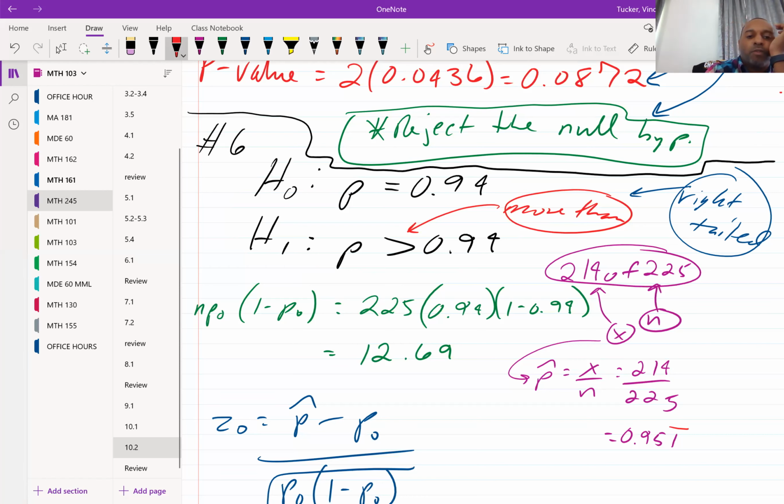All right. Right here in the green is testing our ability to have that normal approximation: n times p naught times 1 minus p naught. So 225 was our sample size. It told us 214 out of 225. So that's our sample size. p naught was 0.94, and then 1 minus 0.94. That gives us 12.69, which is greater than or equal to 10. So we're good to go.